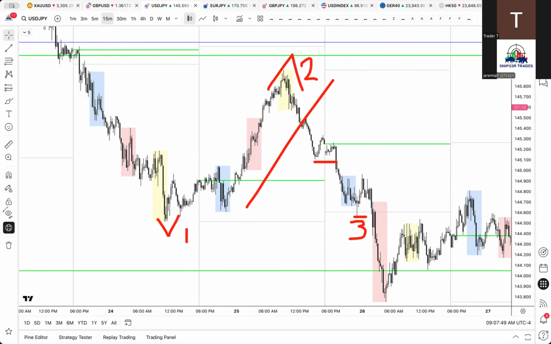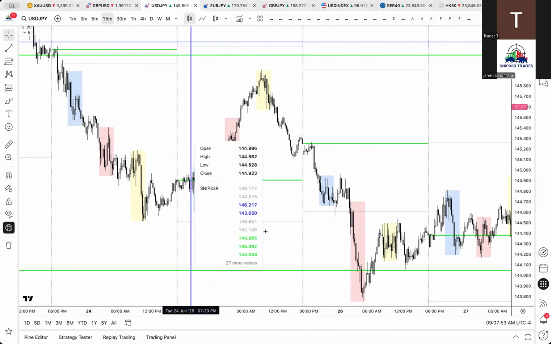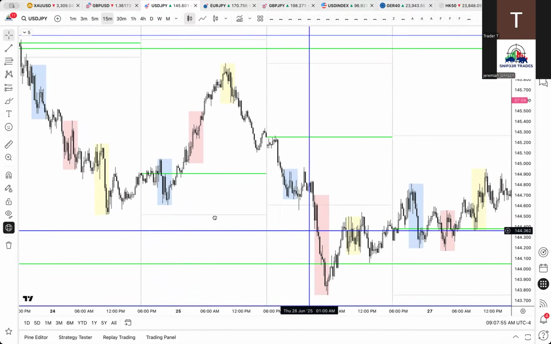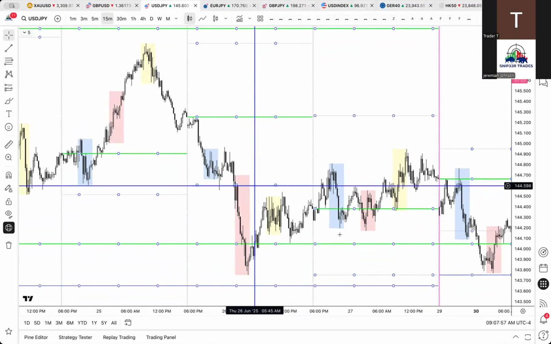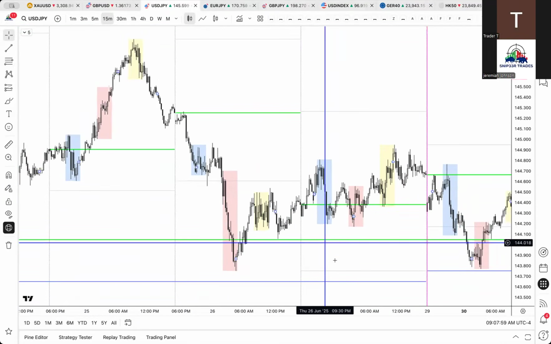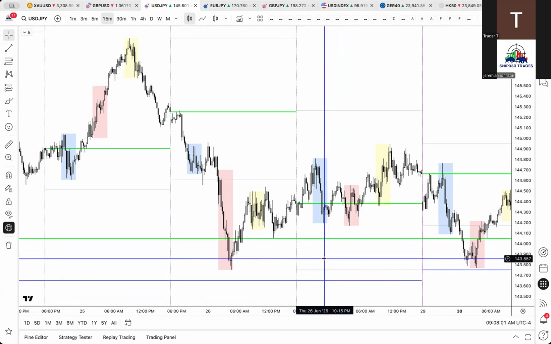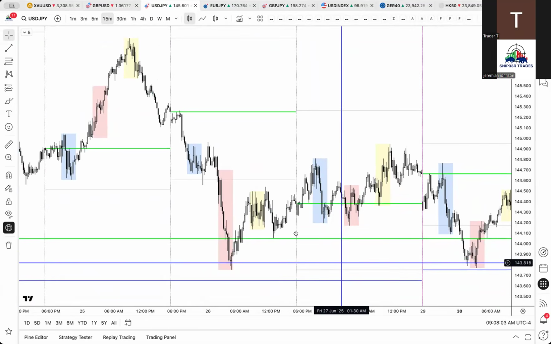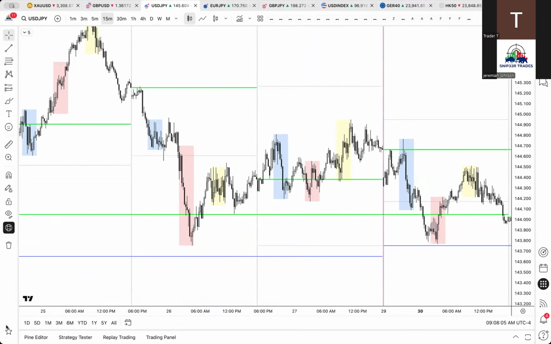But once again, I can scroll day by day and find these setups over and over and over. For instance, if I'm trading Asia, I need a peak formation high in London and a low in New York.